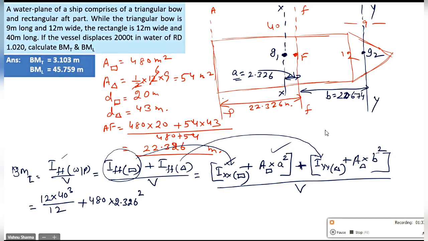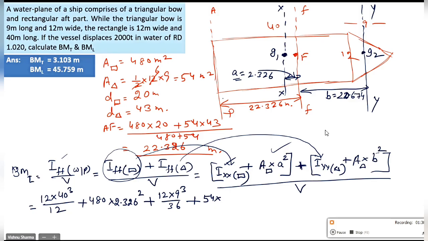Look at the diagram and tell me what will be the formula for IYY of the triangle, beta, with values. 12 into 9 cube. Very good. 12 into 9 cube upon 36, right? Correct, beta? Yes, sir. Plus area of the triangle is 54.